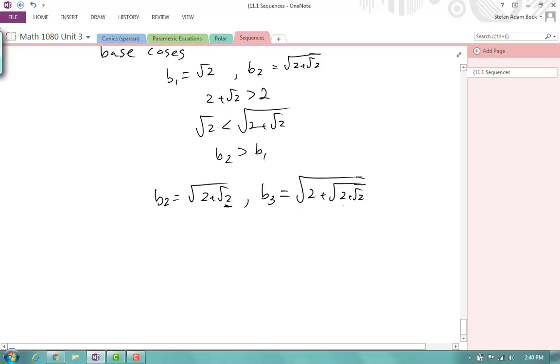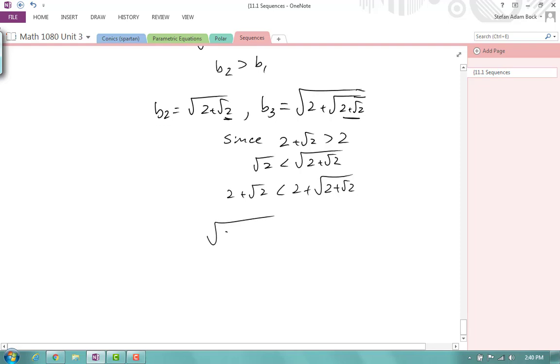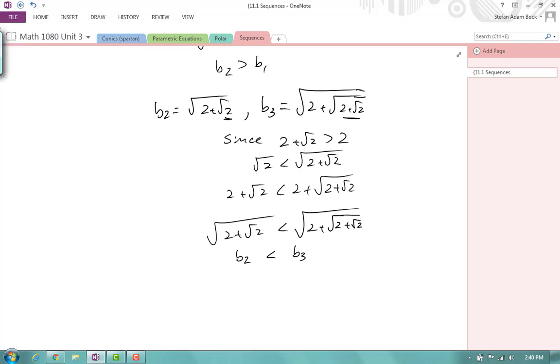However, since 2 plus root 2 is bigger than 2, the square root of 2 is smaller than the square root of 2 plus root 2, which means 2 plus root 2 is smaller than 2 plus root 2 plus root 2. Which means the square root of 2 plus root 2 is smaller than the square root of 2 plus root 2 plus root 2. Which means that b sub 2 is smaller than b sub 3. So according to these two cases, it looks like I'm going to have an increasing sequence.